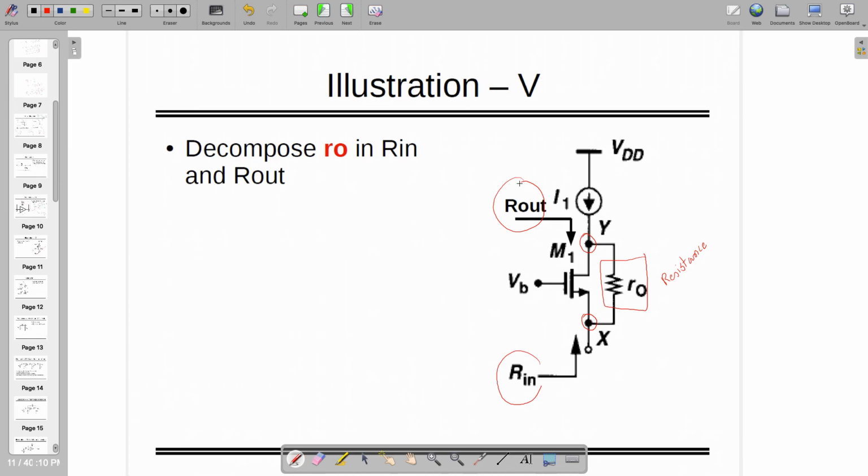I'm supposed to do as follows: this is input side and this is output side.